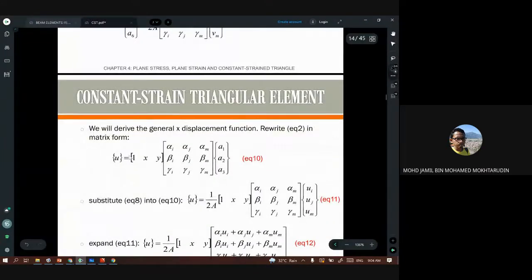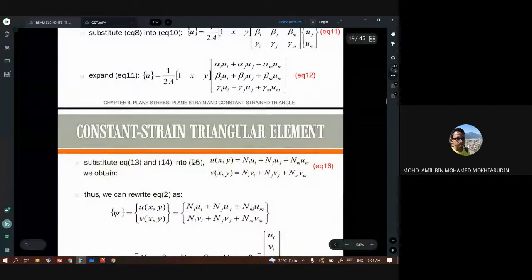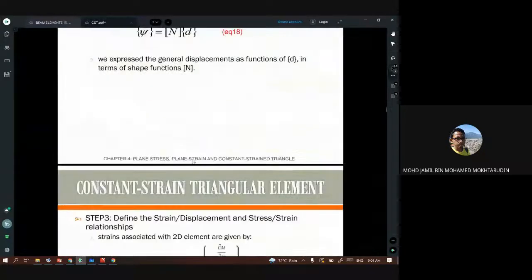And again, we derive the displacement function here. There are so many derivations that it would be just too much, so I skip.